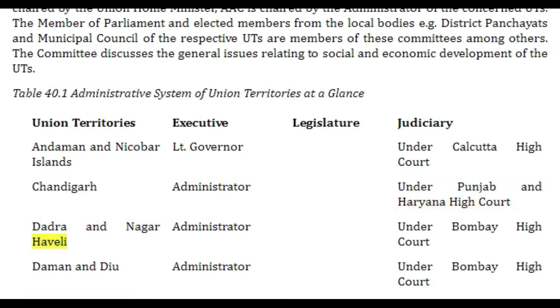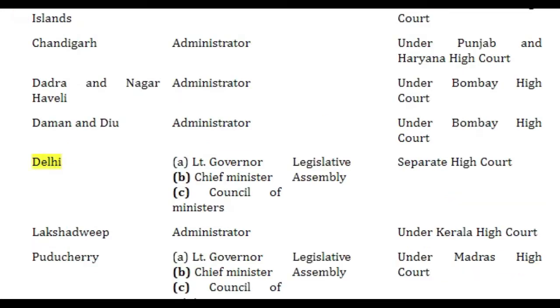Dadra and Nagar Haveli. Administrator. Under Bombay High Court. Daman and Diu. Administrator. Under Bombay High Court. Delhi. A. Lieutenant Governor. B. Chief Minister. C. Council of Ministers. Legislative Assembly. Separate High Court.